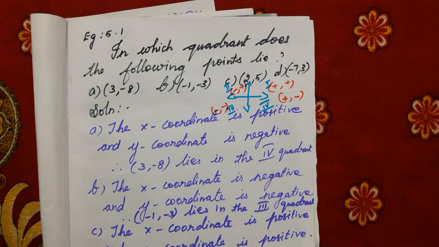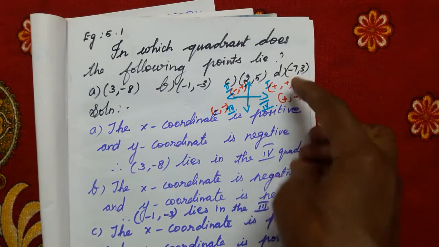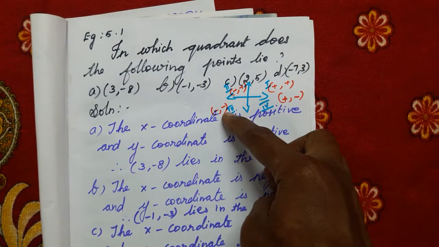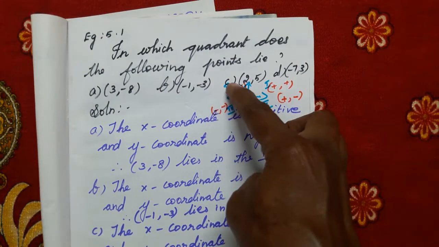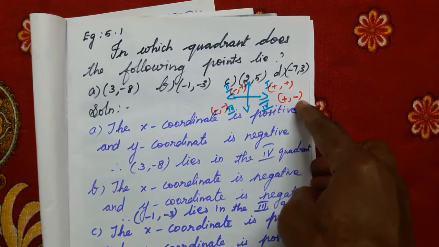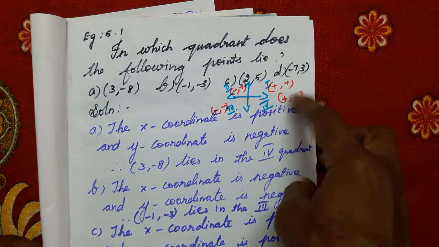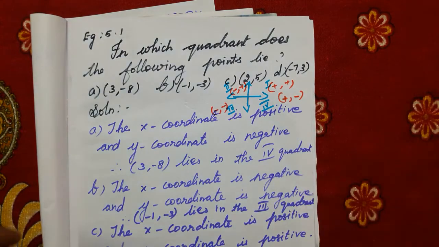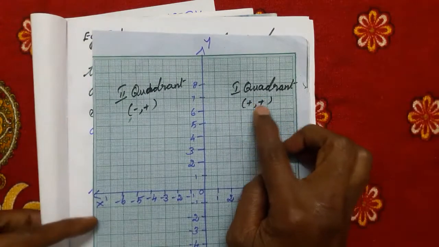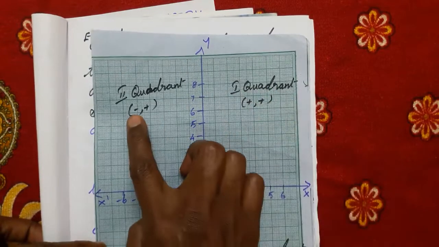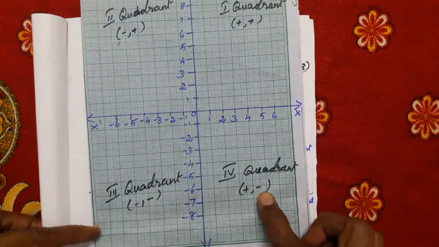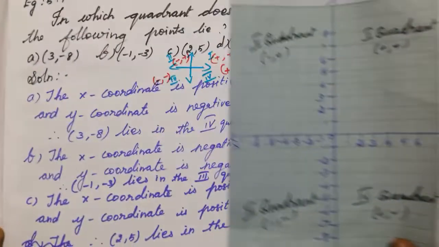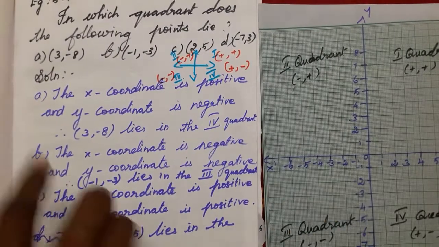First quadrant: both positive. Third quadrant: both negative. Second quadrant: negative, positive. Fourth quadrant: positive, negative.